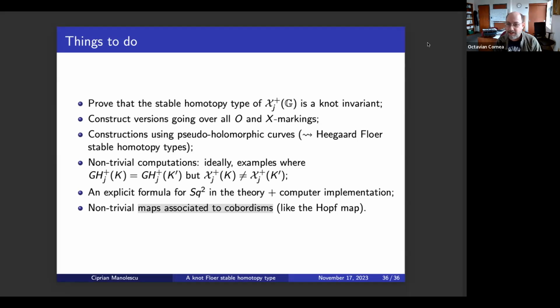The input was stronger than what you have in a stable flow category. The way you got a space out of it was by doing the classifying construction associated to that category. They would show that this classifying space comes with a topology, and when you apply it, for instance, to a Morse function, they would get the homotopy type, even maybe the homeomorphism type of the manifold.